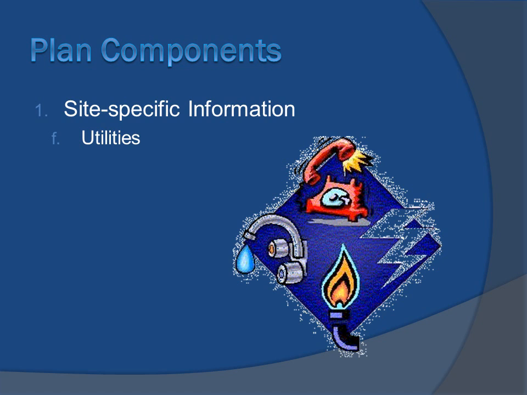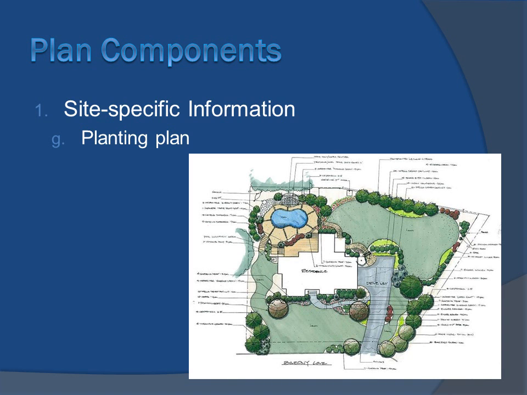But the utilities, we've got to know where water, gas, electrical, and phone, all that is. And these are just graphic representations. We did a quick review to begin with, and now we're going through it in a little more detail. But the planting plan, gorgeous planting plan. How are we going to know how to water those trees and those plants? We've got to know what they are and what their water requirements are.